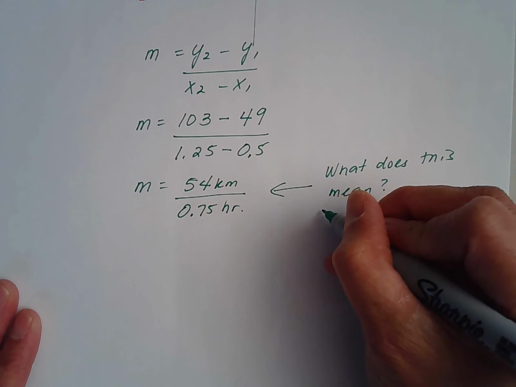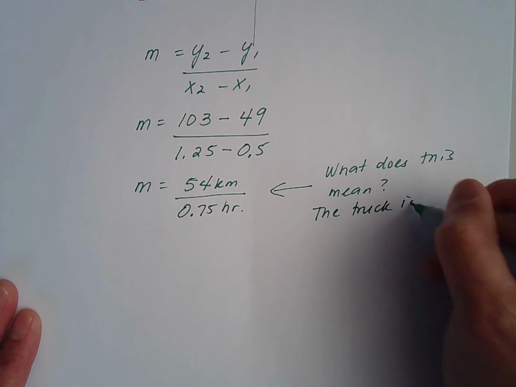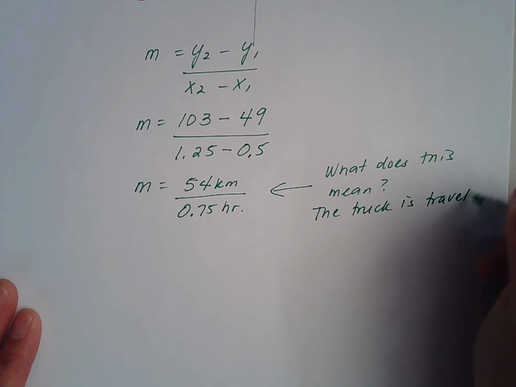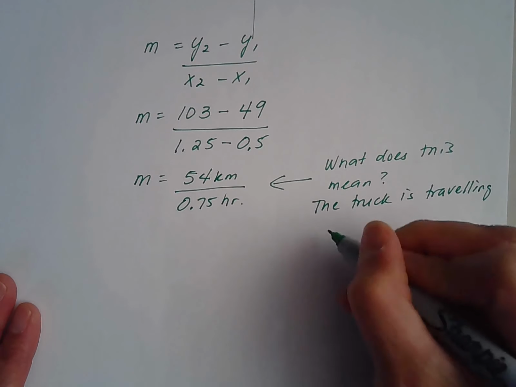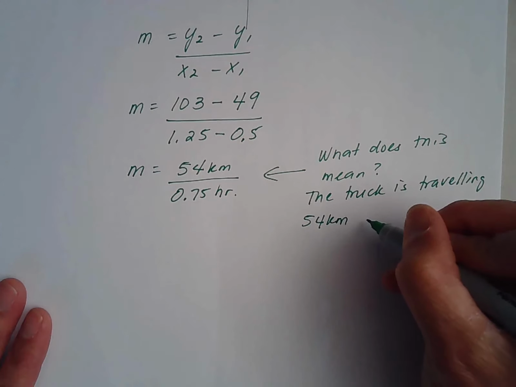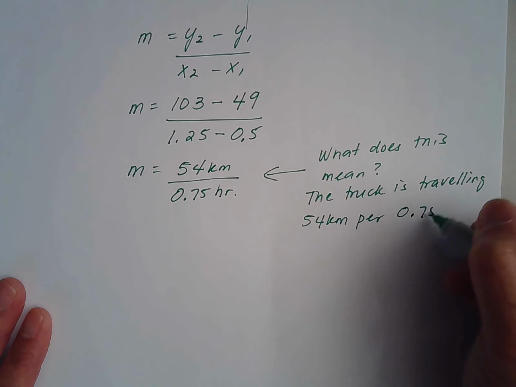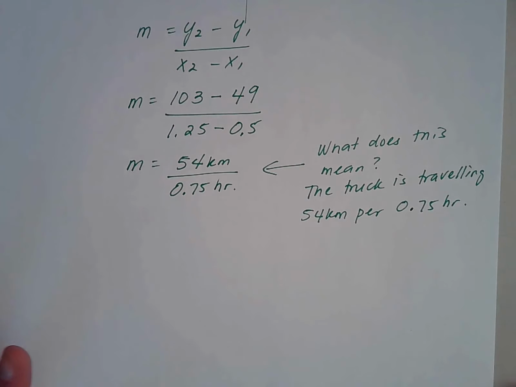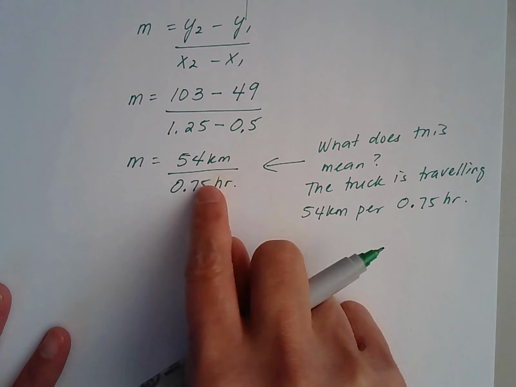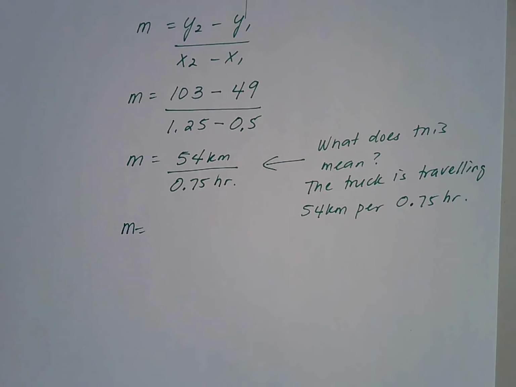So the truck is traveling 54 kilometers per 0.75 hours. Yes? That's how fast it's traveling. Now let's go ahead and divide it.